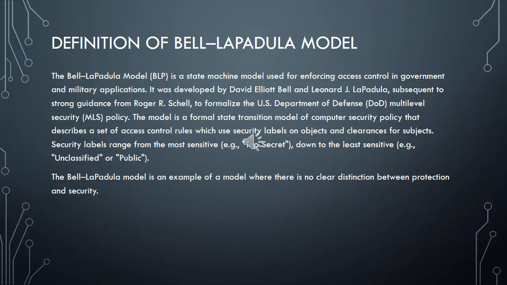The Bell-LaPadula model is an example of a model where there is no clear distinction between protection and security, because each user could be customized with permission between less sensitive to most sensitive.